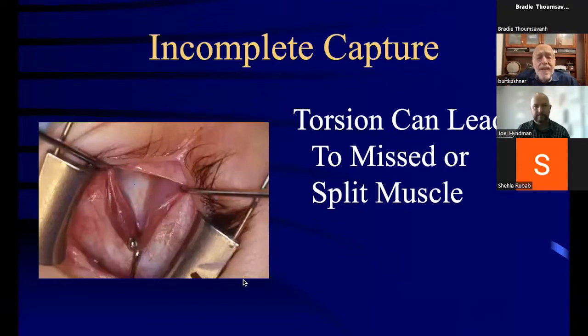And that can lead to missing hooking the muscle. So I think it's important when you embark on surgery to make note of fundus torsion for many reasons. But number one, in this case, you want to determine if the eye is markedly excyclorotated, because that's going to alter where the muscle is.